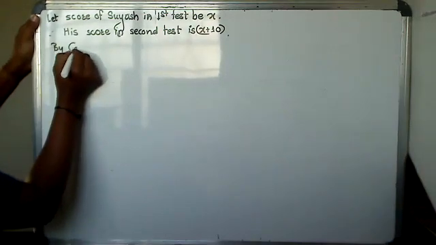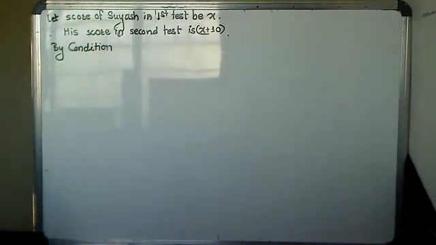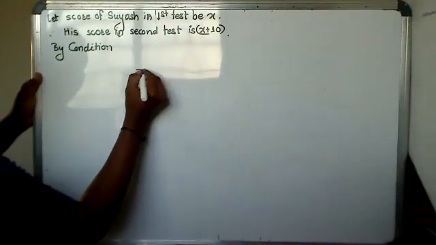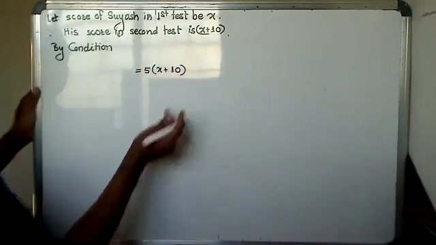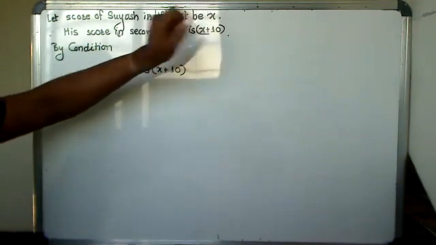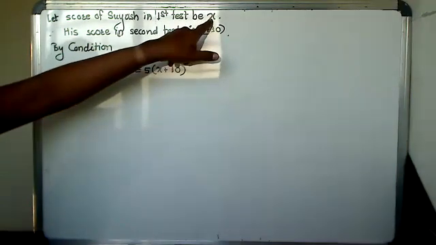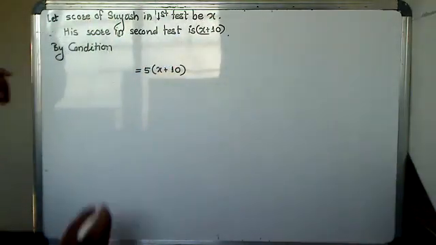So by condition, what is the condition here? 5 times the score in the second test is equal to the square of the score in the first test.